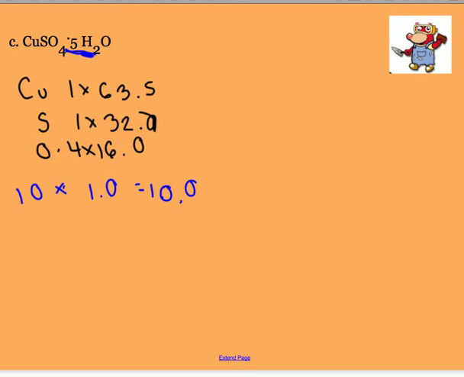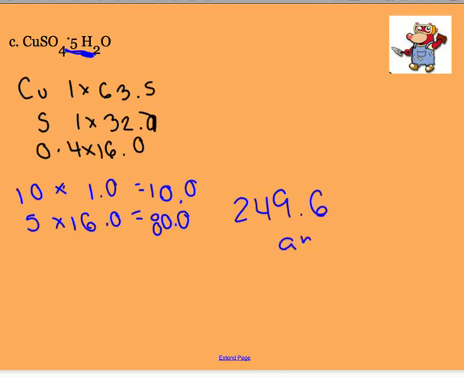And that means I have 5 oxygens, and each oxygen is 16.0. So we multiply that through, and that's 80. So all you do then is you add all of these up, and you'll get your answer, which should be 249.6 AMUs.